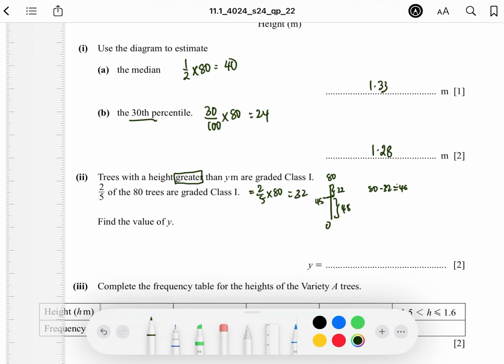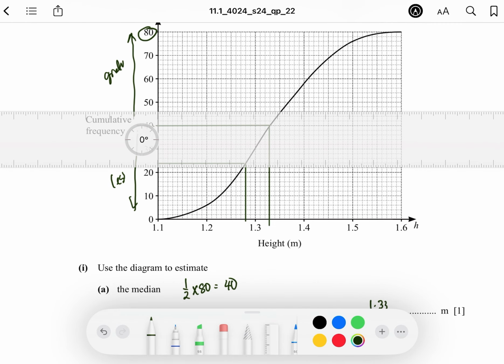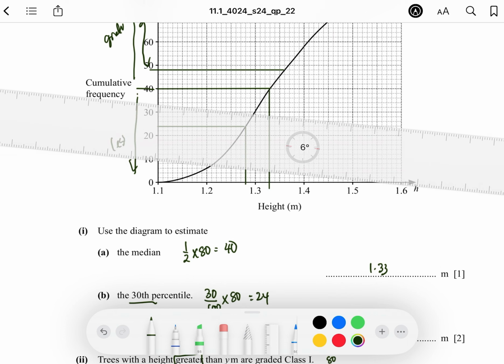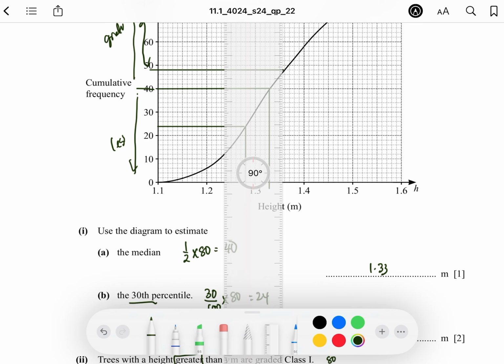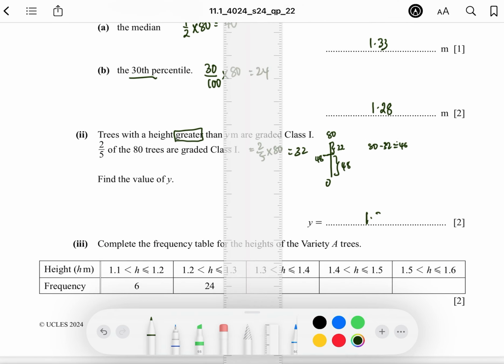Once we look at where the 48 is from the graph, that means that's the greater. So the greater would be here. Find the corresponding value of the length that is greater. So 1.36.